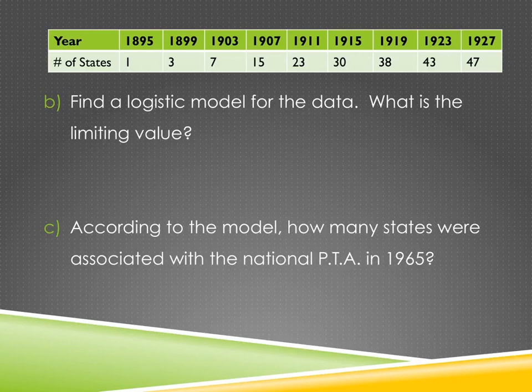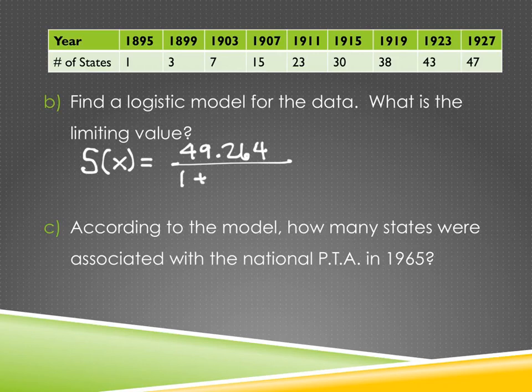Okay. All right, we have our equation, let's jot this down. This is the number of states, so I'm going to call it S, very clearly not a 5, because S's and 5's can look a lot alike, but I'm going to call mine capital S. My numerator is 49.264 over 1 plus my A value is 9.392 E. Now remember, the negative is in the equation, so there's still a negative even though the B value on your calculator shows a positive.